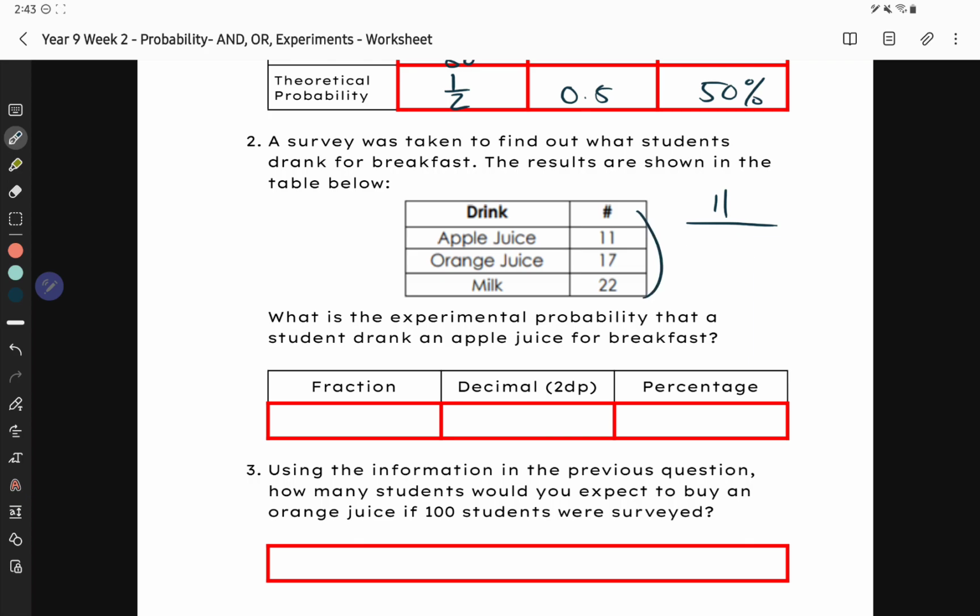So let's add these up. That's 11 plus 17 plus 22, which gives us 50. So the fraction is 11 over 50. Decimals, if you go 11 divided by 50, we get 0.22, and that is 22%.